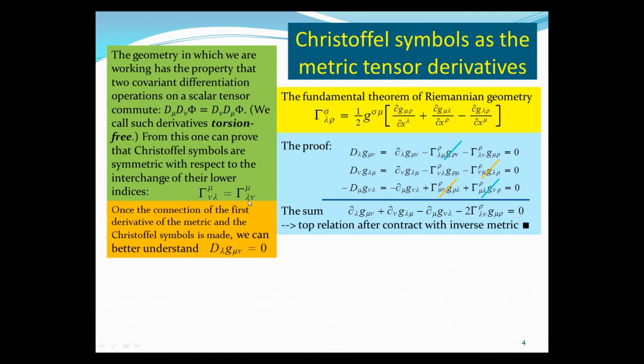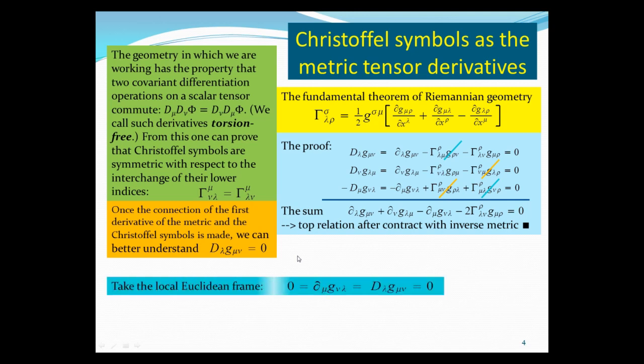Now, once we've made the connection between the first derivative of the metric and the Christoffel symbol, we can better understand why we expect the metric to be covariantly constant. Let's go to the local Euclidean frame. Remember, in the local Euclidean frame the first derivative of the metric equals 0. So the Christoffel symbol vanishes in the covariant derivative. Therefore, ordinary derivatives equal covariant derivatives, because the difference is the Christoffel symbol, which vanishes in this coordinate frame.